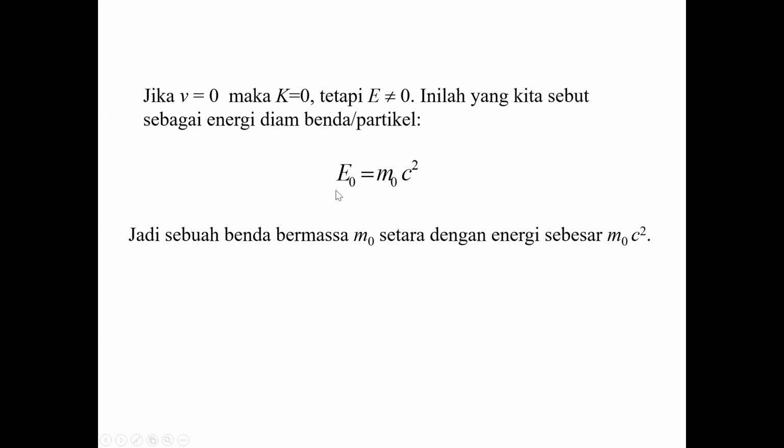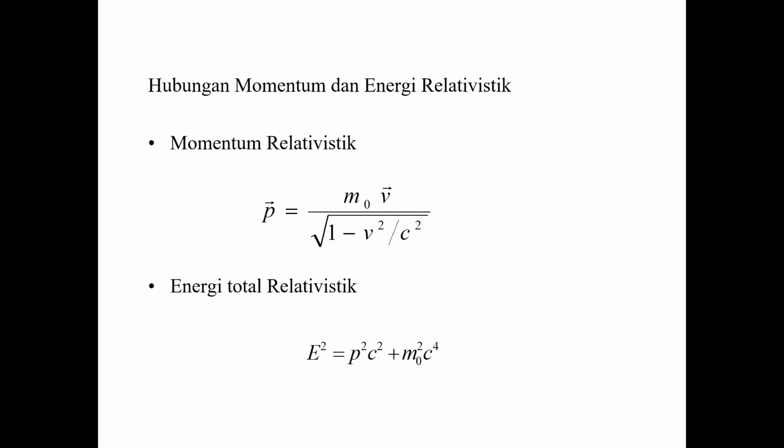So this means we have this equivalence between mass and energy. Usually this formula is mostly used in microscopic, subatomic physics or particle physics, to explain the binding energy, for example.